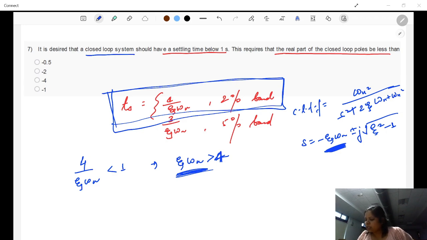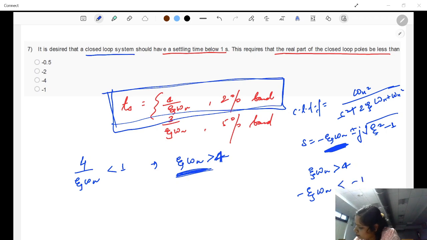So here you say zeta omega n should be greater than 4. That means, what should happen with the real part? Minus zeta omega n. Since zeta omega n should be greater than 4, minus zeta omega n should be less than minus 4.